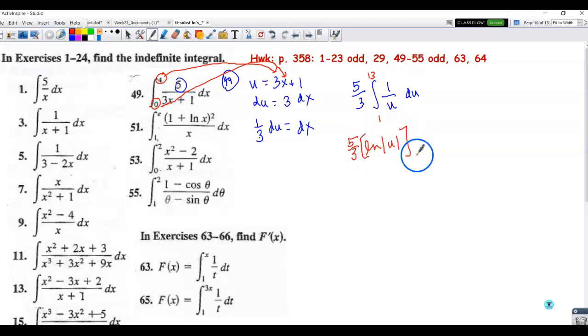No plus c in this case because we have a definite integral, which is 5/3 times ln of 13. Now notice I didn't put absolute value because the absolute value of 13 is 13, minus ln of 1, and the ln of 1 is 0, so I end up with 5 ln of 13 over 3, number 49.